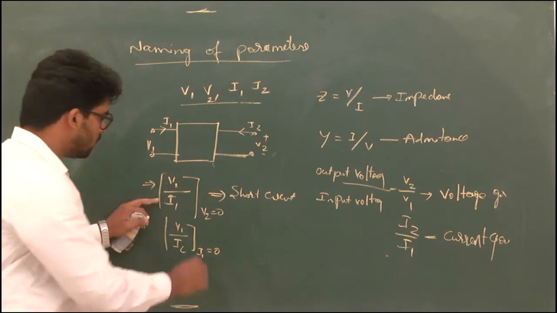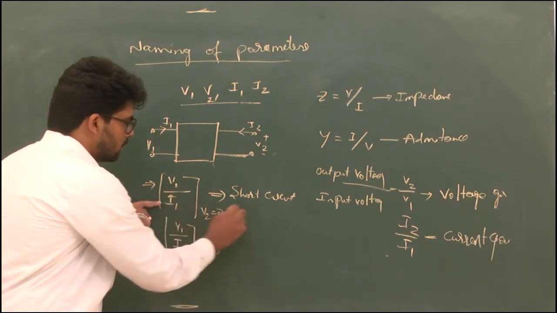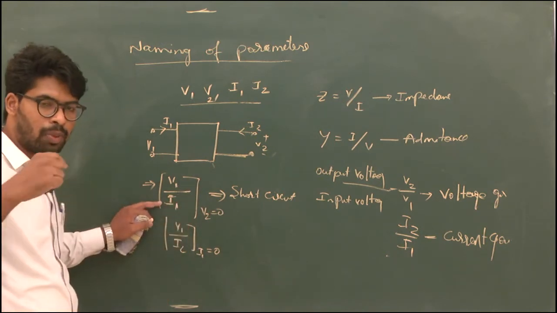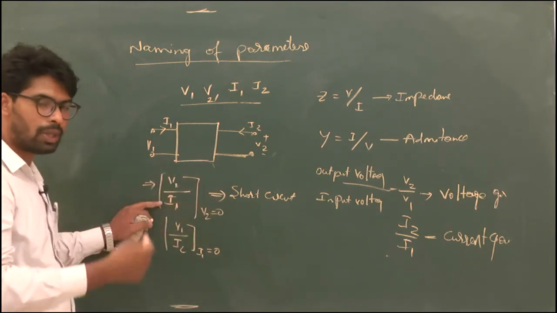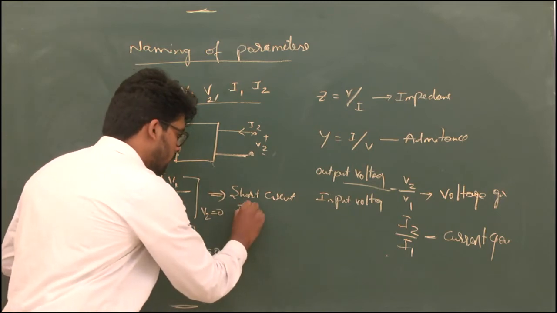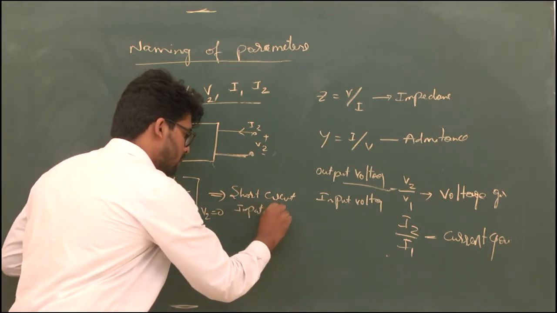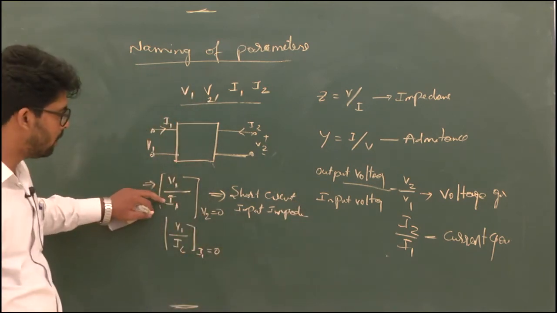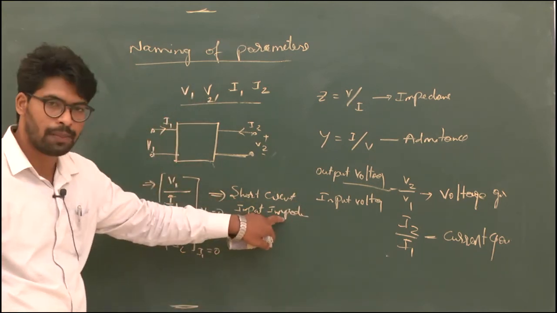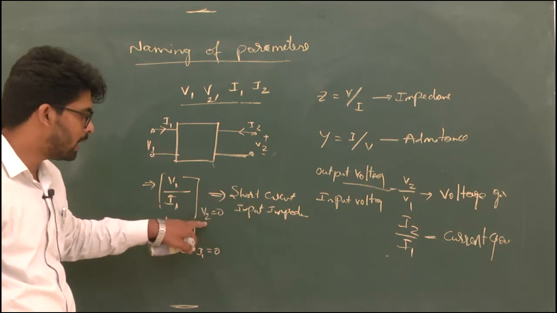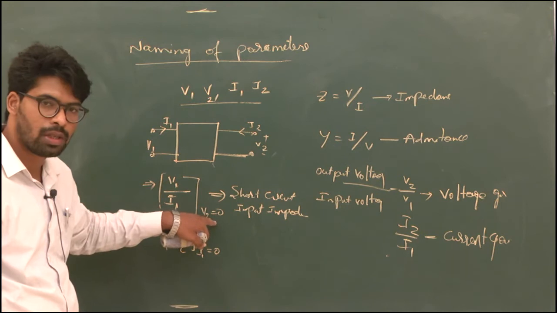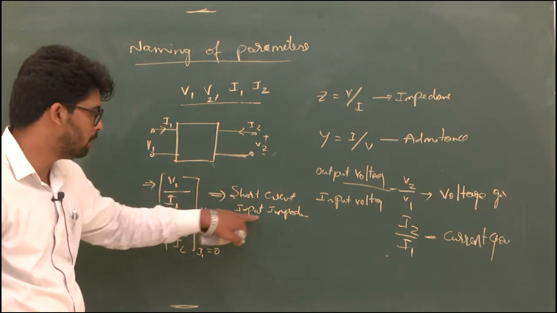V1 and I1 are the input voltage and input current, so input voltage by input current means input impedance. Simply, the response V1 by I1 is the short circuit input impedance. You need to name that by the condition of making the output voltage 0.